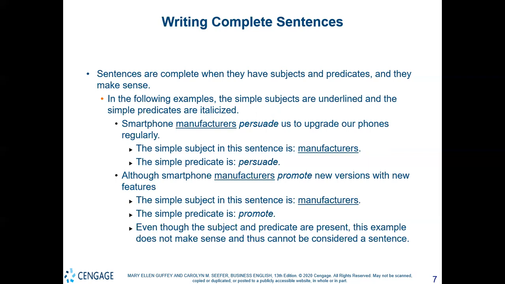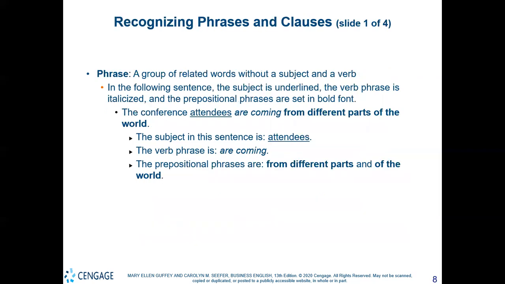The simple predicate is promote. Even though the subject and predicate are present, this example does not make sense and thus cannot be considered a sentence. Recognizing phrases and clauses.